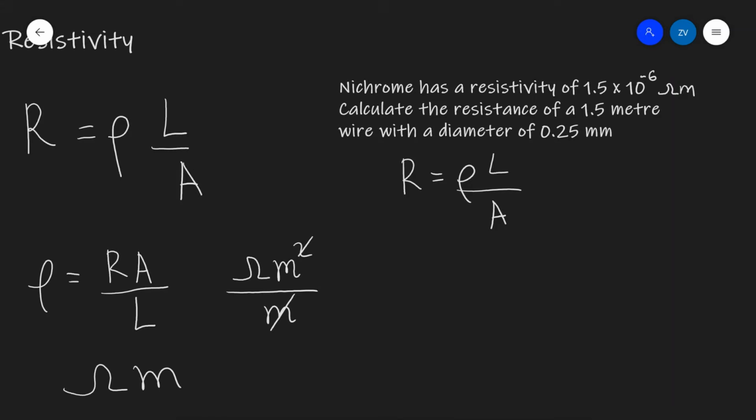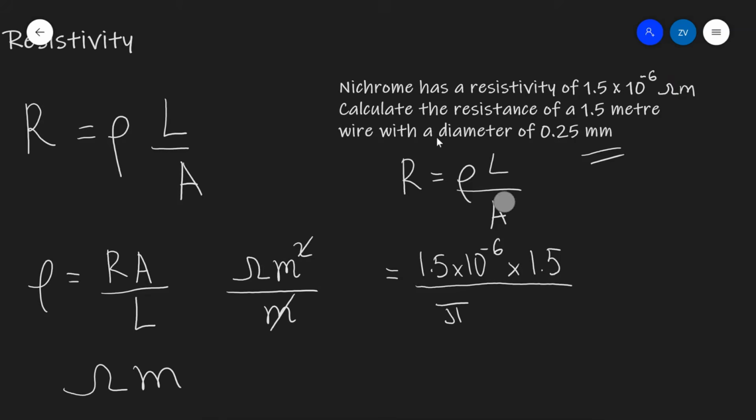A couple of things to be careful. I'm given the diameter of the wire, not the radius, and I'm going to be quite careful when I write down the formula for the cross-sectional area. So let's do this. This will be equal to the resistivity, which is 1.5 times 10 to the power of minus 6 multiplied by the length, which is 1.5. Now the cross-sectional area is given by pi r squared. I will need to both convert from millimeters to meters and additionally divide by 2, and also not forget the square.